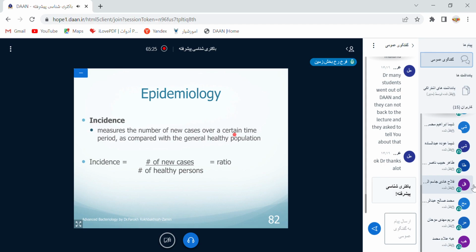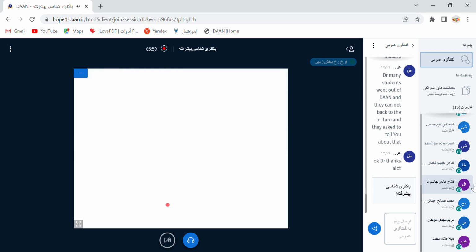So we focus on a certain time and then measure the number of new cases over that time period, compared with the general healthy population. Incidence is the number of new cases divided by the number of healthy persons, and it is a ratio we can use to compare with other places, other regions, other countries.